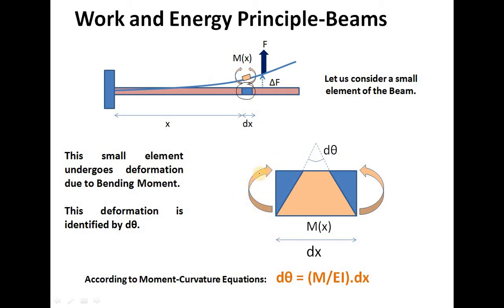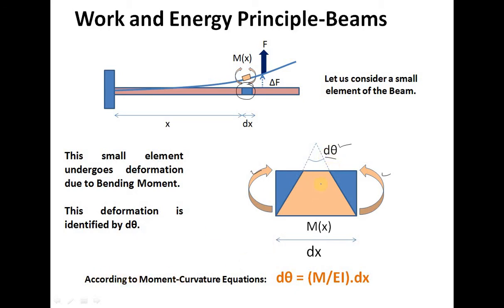After the application of the load, moments are getting generated. So the element which was perfectly square undergoes some deformation. Let the included angle here be theta. So this is a small element which undergoes deformation due to bending, and this deformation is identified by d theta.